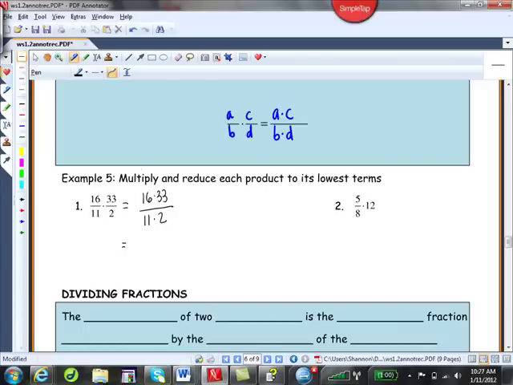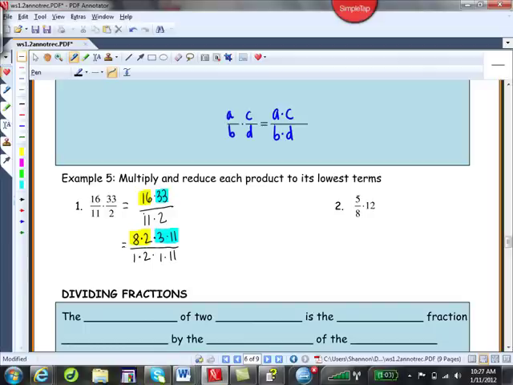So 16 we could write, couldn't we, as 8 times 2? The 33 we could write as 3 times 11. I am doing that because I see this 11 down here. That's all over 1 times 2 from that 2, times 1 times 11 from the 11 in the denominator.